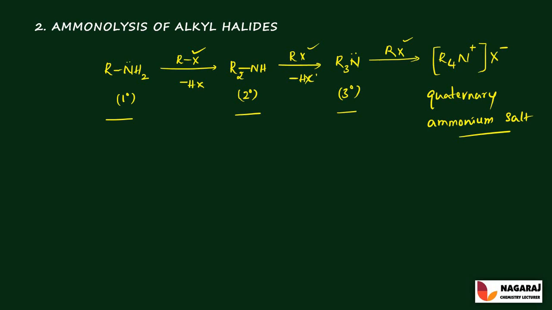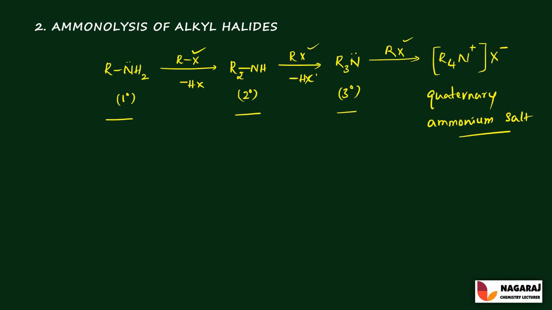But there is one disadvantage in ammonolysis: it gives a mixture of primary, secondary and tertiary amines, and also a quaternary ammonium salt.